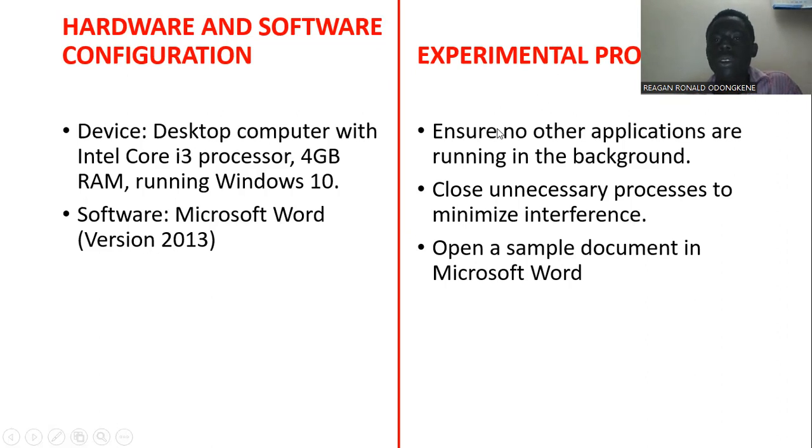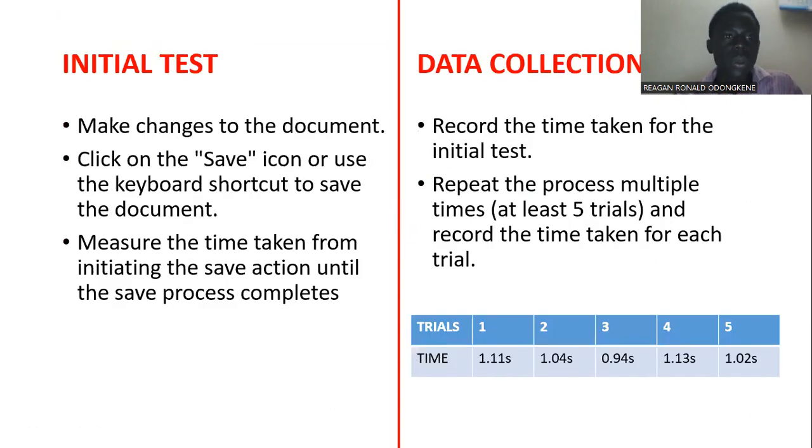For the experimental procedure, I ensured that no other applications were running in the background, to reduce memory sharing. I closed all the unnecessary processes to minimize interference, and then opened the sample document in Microsoft Word.